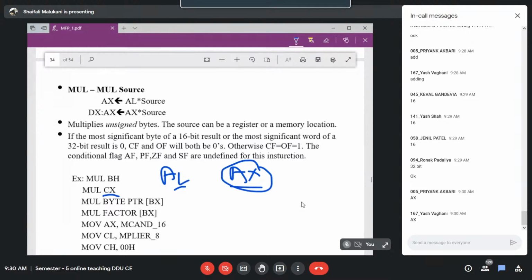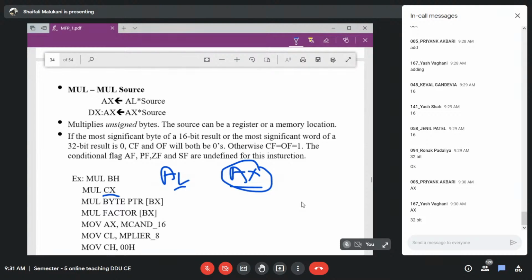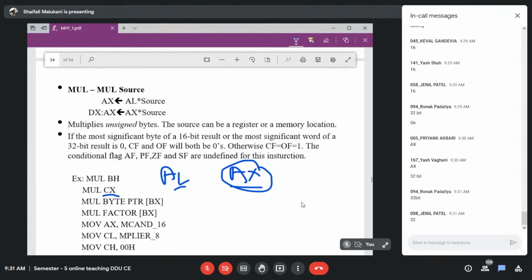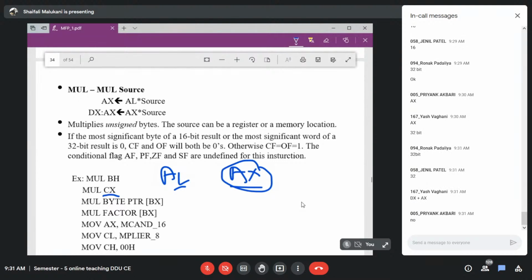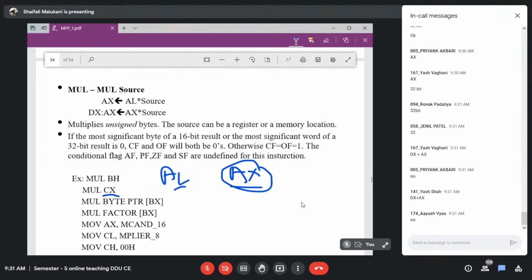What will be the result? It will be 32-bit. Where to store 32-bit? Do we have any register of 32-bit? No, we don't have any register of 32-bit.